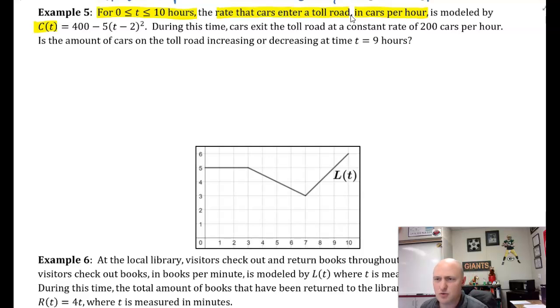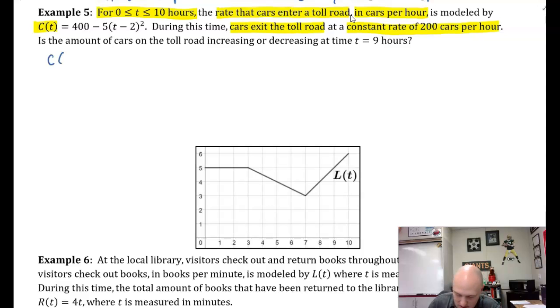So that's the rate cars enter the toll road. During this time, cars exit the toll road at a constant rate of 200 cars per hour. That is their exit. Is the amount of cars on the toll road increasing, or is it decreasing at time t equals 9 hours? Okay, so the amount of cars that enter, that is C of t.